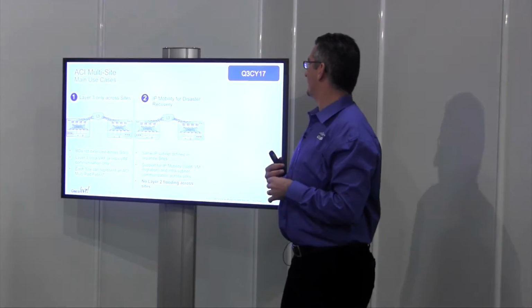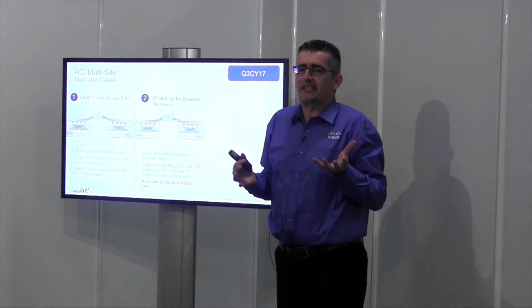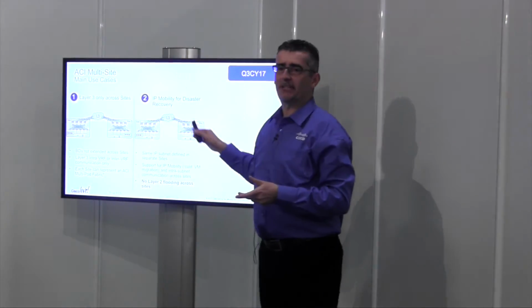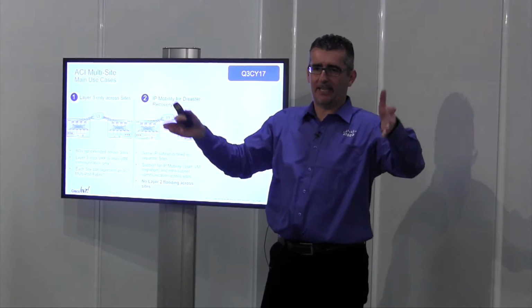How long will it take until the internal networks are available? Usually, for disaster recovery, we are not talking about sub-second convergence, right? If you need sub-second convergence, then there is use case 3, where it's an active data center, and you have layer 2 extension and flooding in between.